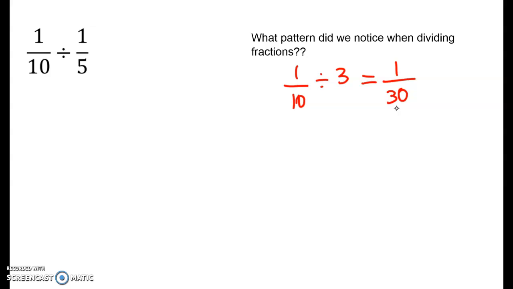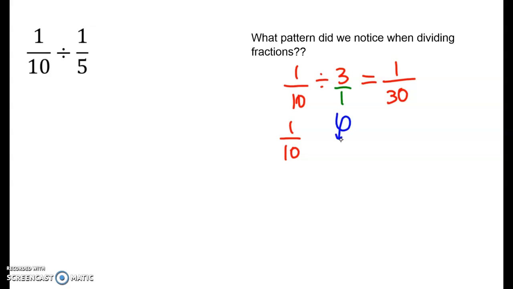Let me show you what we have come to know about dividing fractions. Now we know that 3, we can actually write it over 1, right? Yes, you should all be nodding your head and agreeing with me right now. So when I divide fractions, what I do is I take the 3 and I flip it.